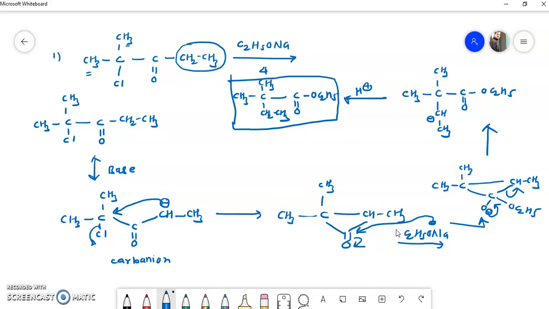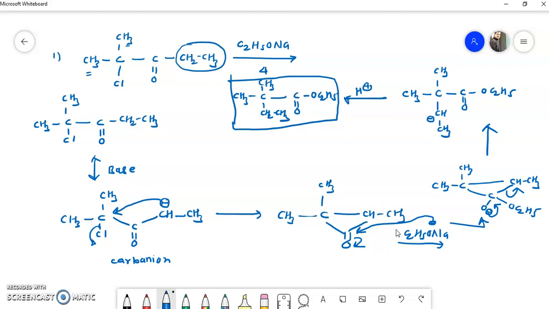In the further step, base attacks the carbonyl carbon to form this intermediate. In the further step, the intermediate loses the cyclic state once again to form this carbanion, and finally this carbanion gets protonated to form this product.